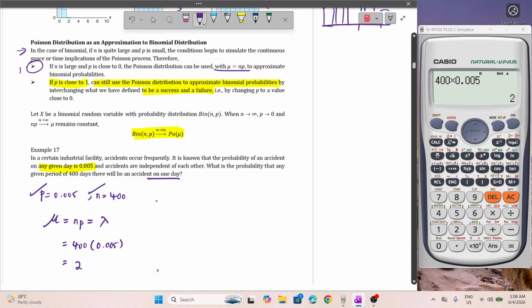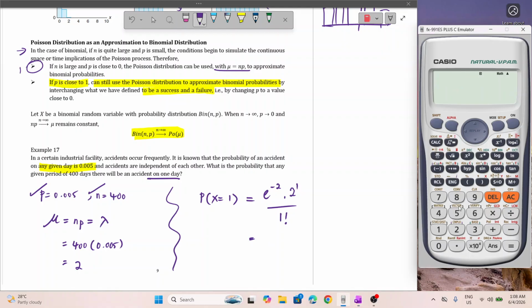You want to find the probability that on one day in those 400 days there will be an accident. So you can use the Poisson instead of the binomial distribution. Now we will use Poisson to approximate the binomial distribution. You want to find the probability of x equal to 1, which is e to the power of negative 2, times 2 to the power of 1, over 1 factorial.